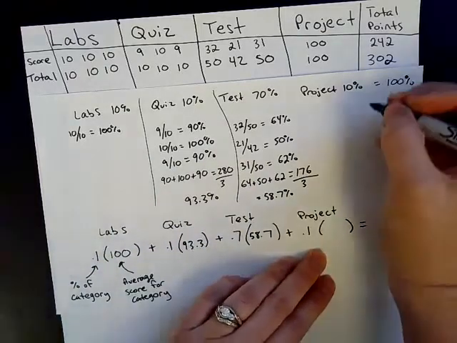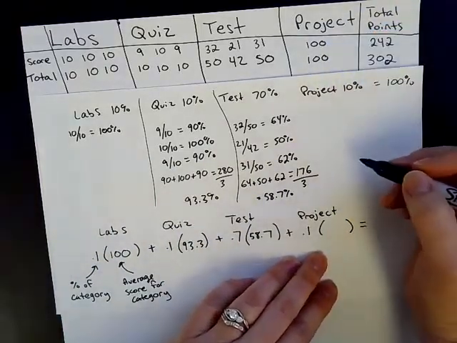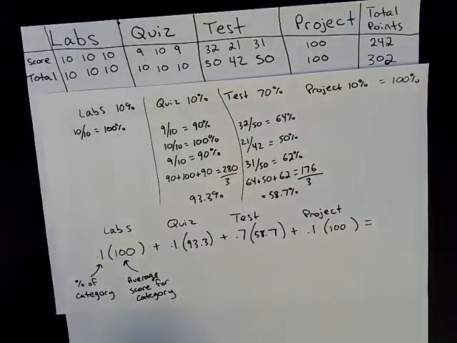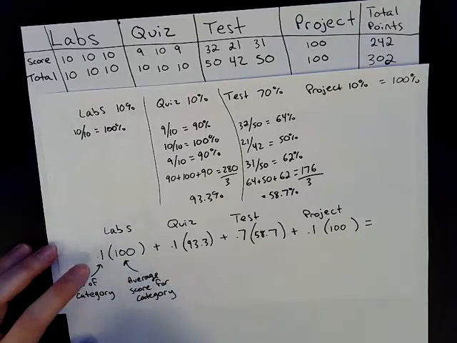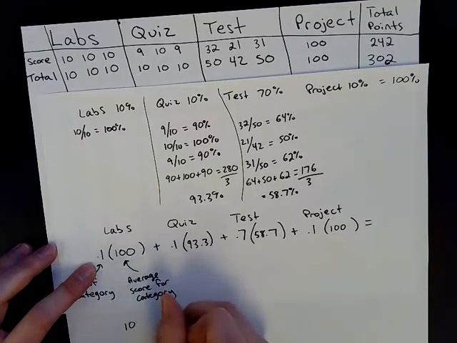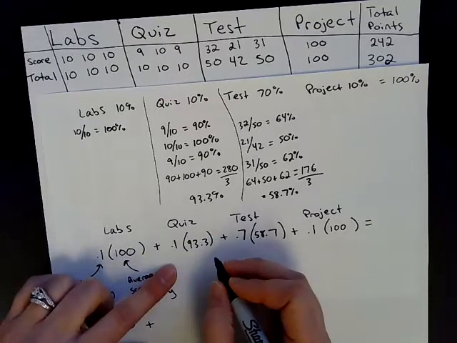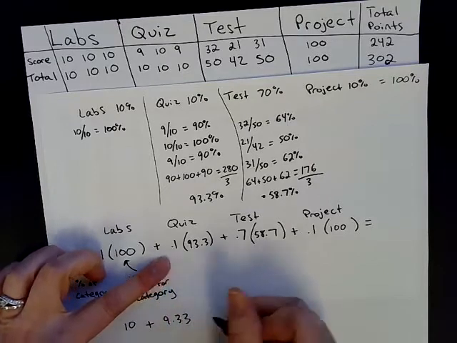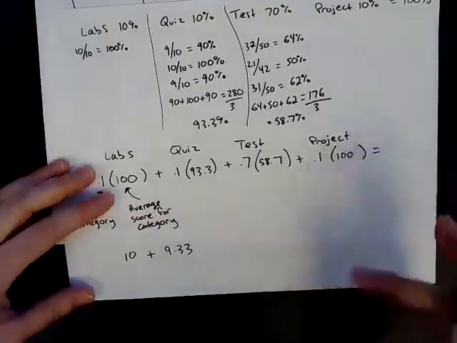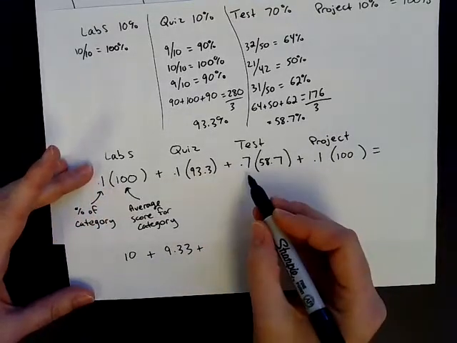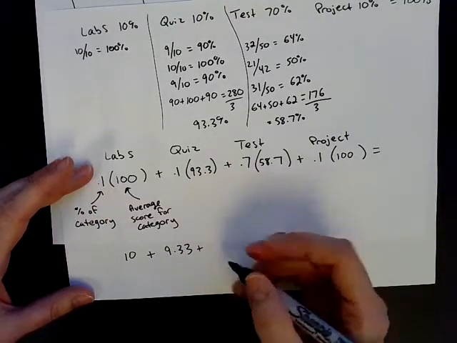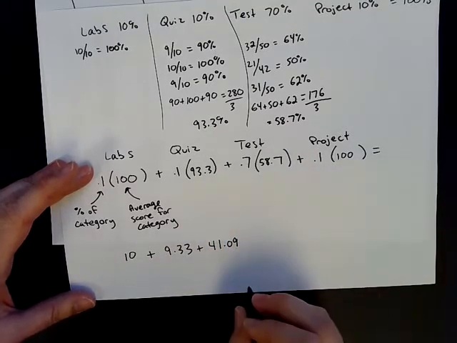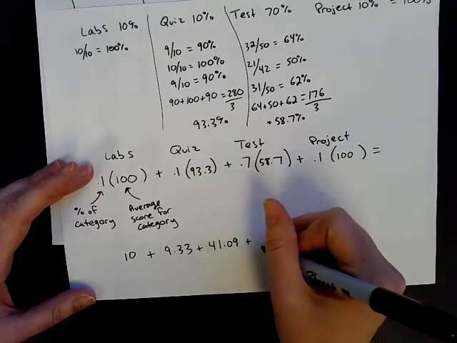Our project, we only had one project and it was 100%. So we can just put in the 100% right away. So now when we do the math here, the 0.1 times the 100 gives us 10, plus the 0.1 times 93.3 gives us 9.33, plus the 0.7 times the 58.7 gives us 41.09, plus the 0.1 times the 100 gives us 10.